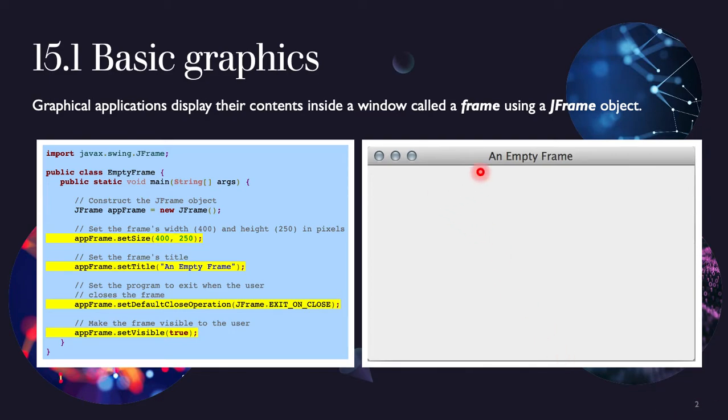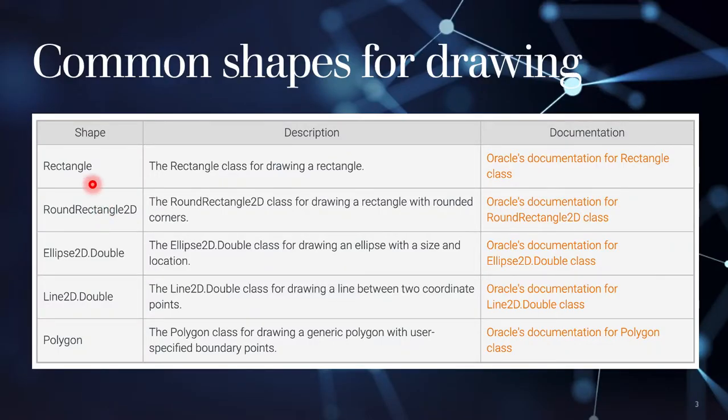Over here is just an empty frame with the JFrame code and the library function. Some of the common other shapes we have will be Rectangle2D, Ellipse, Line2D, and Polygon.